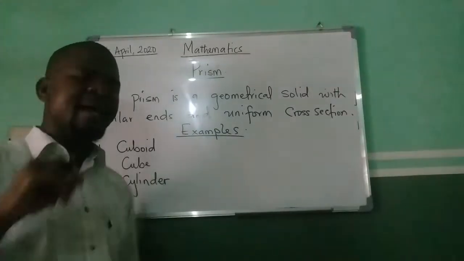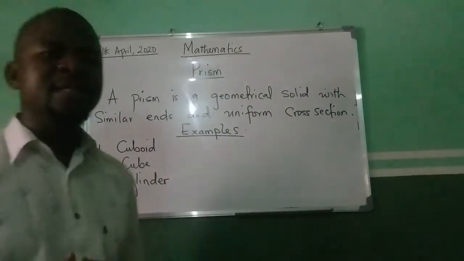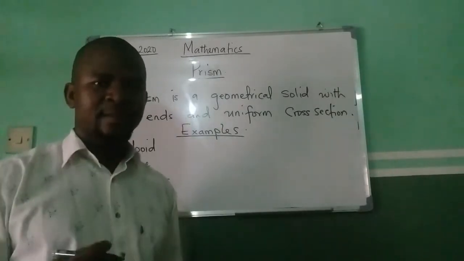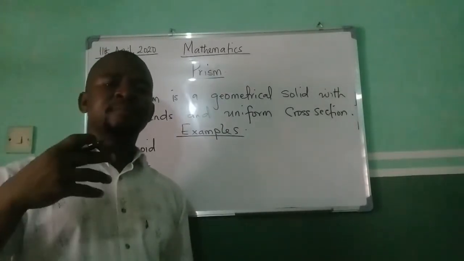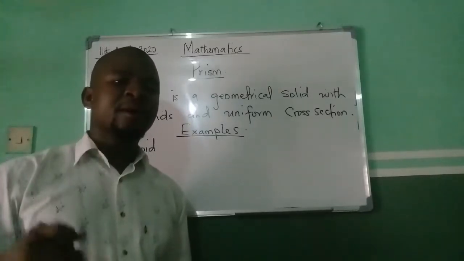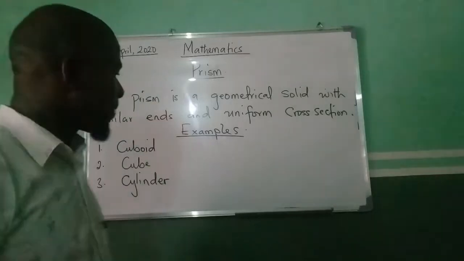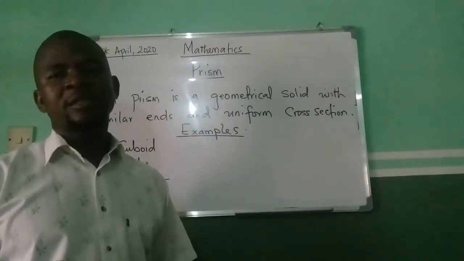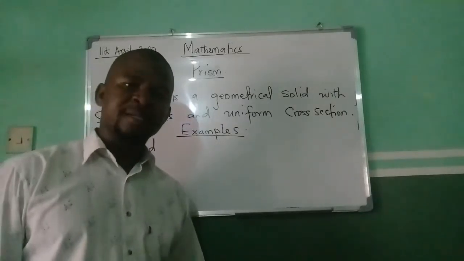Now, the name of a prism is usually determined by the shape of its end, meaning if the two ends are triangular in shape, it is called a triangular prism.